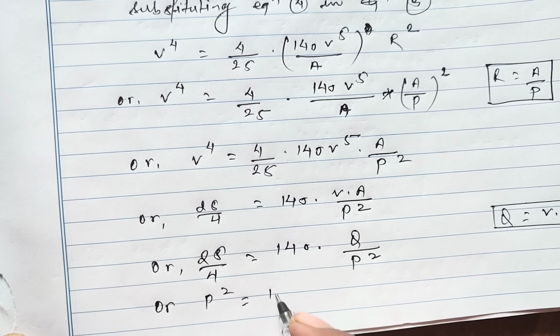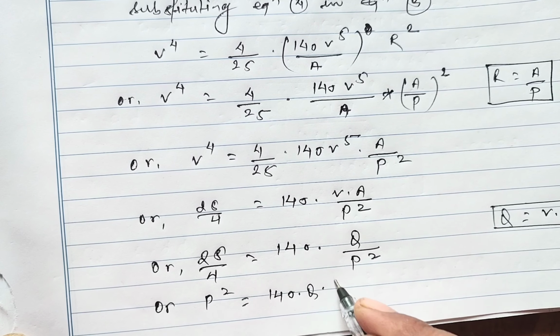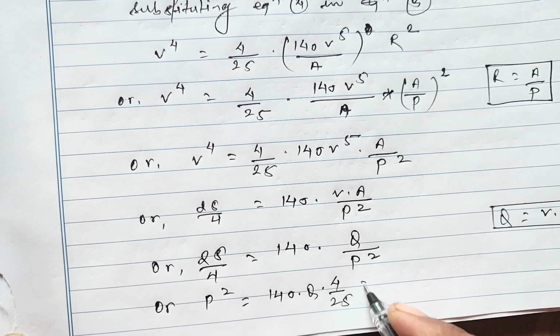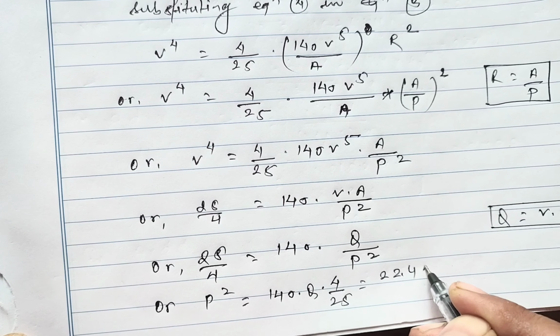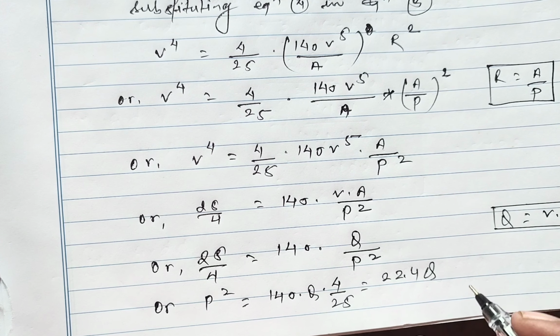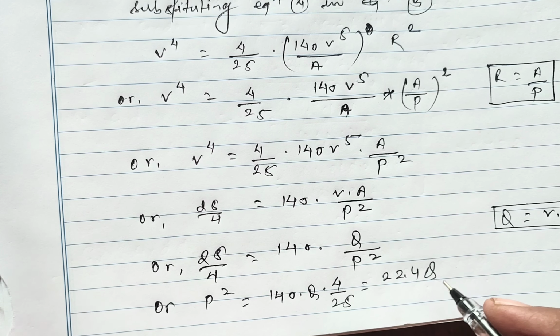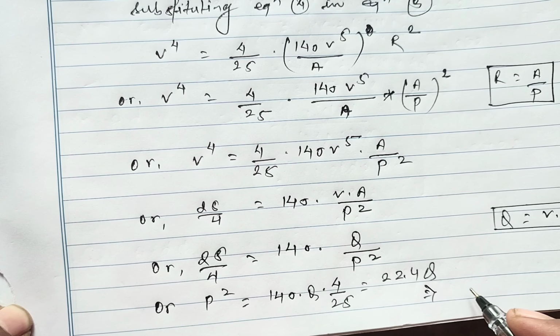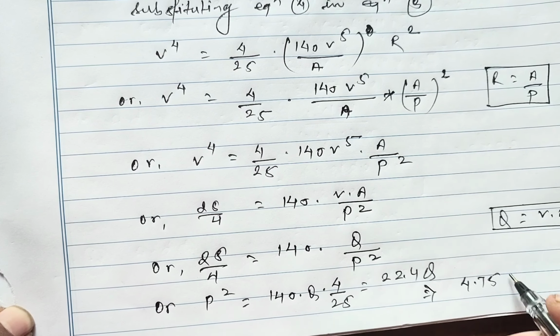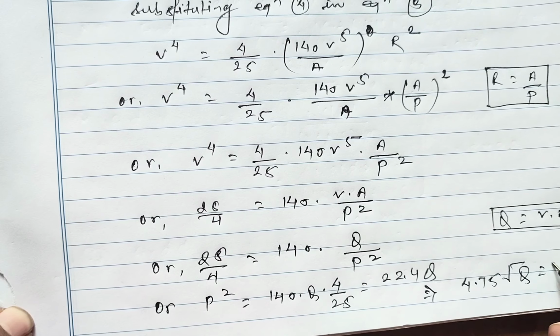P square equals 140 dot Q dot 4 by 25 equals 22.4 Q. This can be written as P equals 4.75 root over Q.